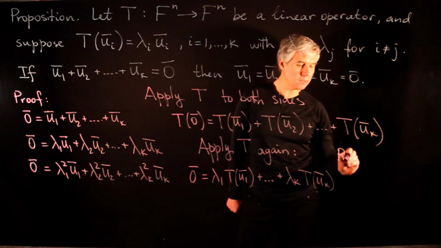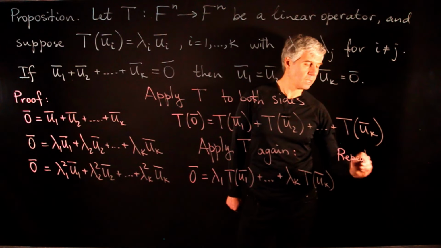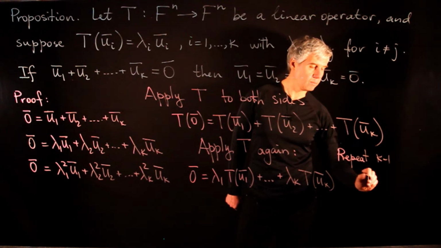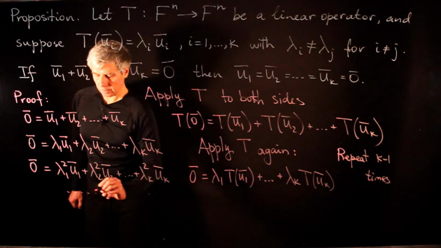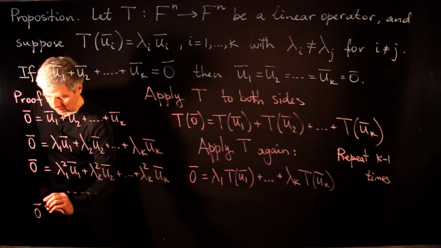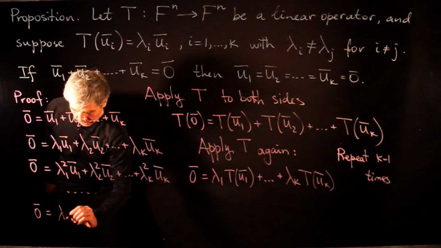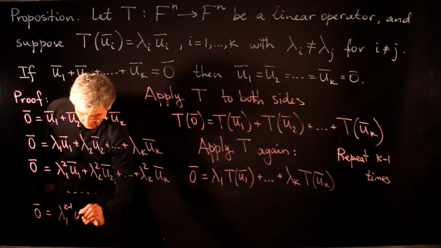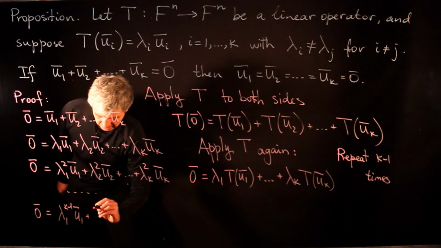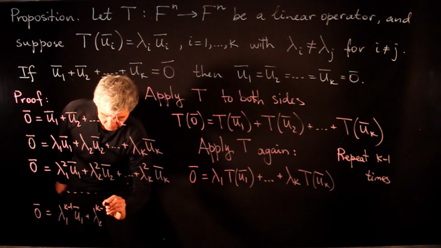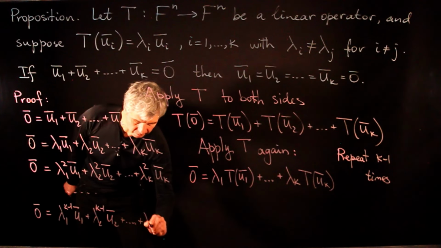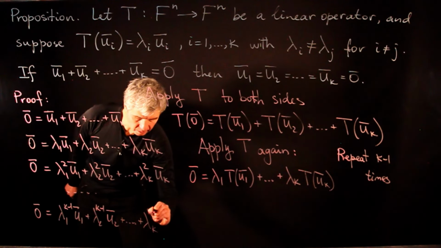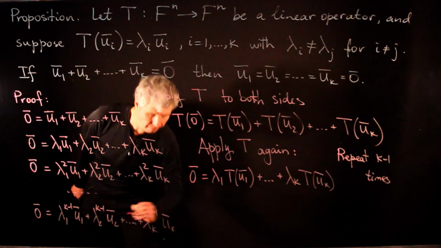And now we repeat this k minus 1 times until we get the following equation. 0 is equal to lambda 1 to the k minus 1 u1 plus lambda 2 to the k minus 1 u2 plus lambda k to the k minus 1 uk.